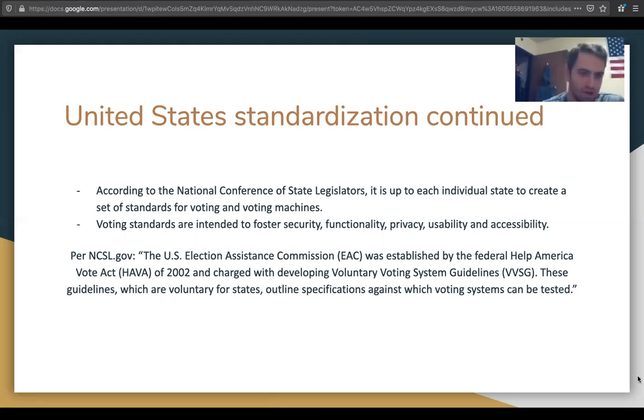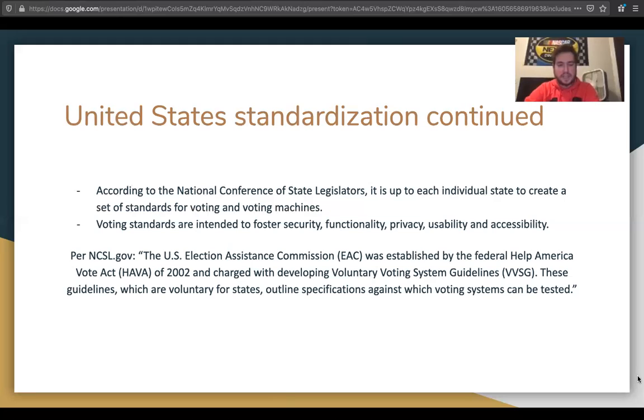According to ncsl.gov, the U.S. Election Assistance Commission, or EAC, was established by the Federal Help America Vote Act, or HAVA, of 2002 and charged with developing voluntary voting state guidelines. These guidelines outline specifications against which voting systems can be tested. This is kind of like the guidelines of how these systems are tested and make sure nothing goes wrong.